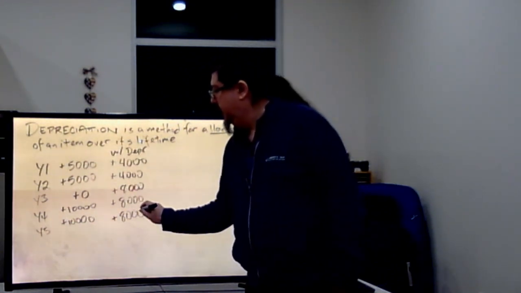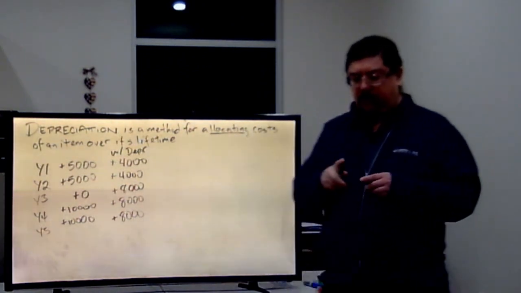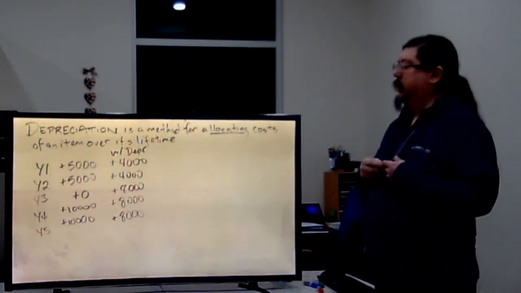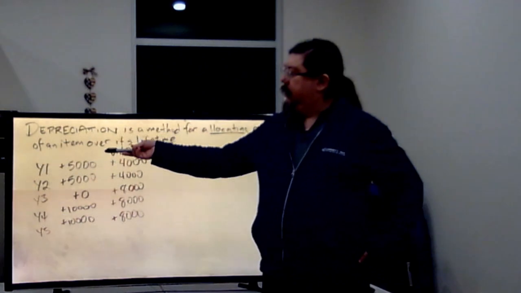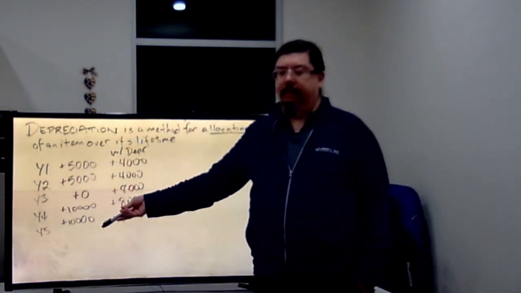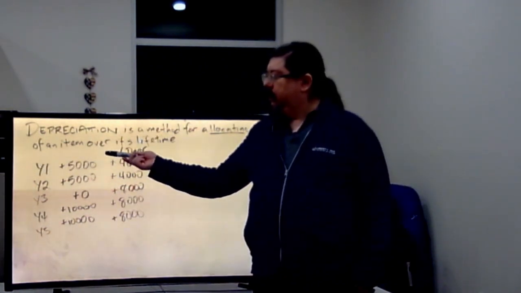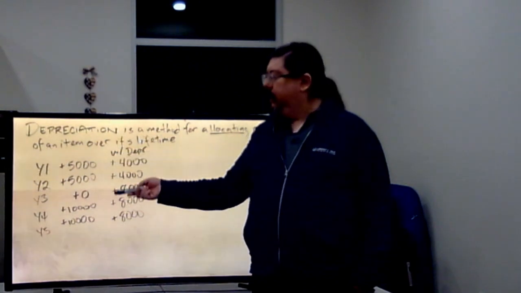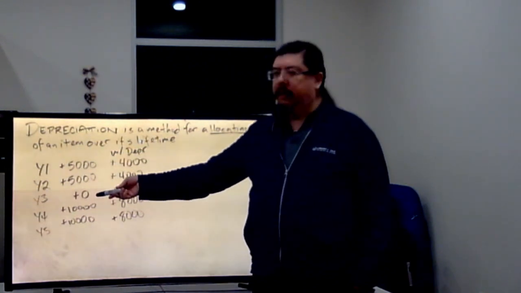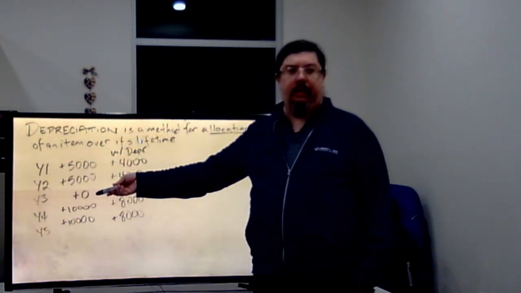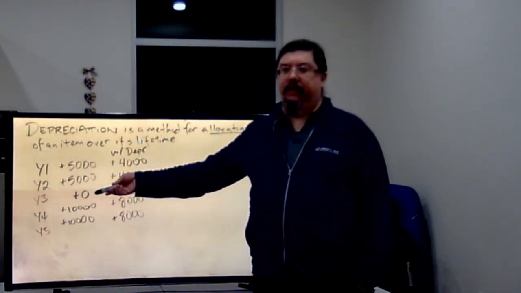And the effect of that is, if somebody looked at my books and records, maybe I was taking out a loan or something, and they saw this and said, oh, what happened in year 3? That was a really bad year for you. I said, well, no, that was actually really good. I finally saved up enough to buy this new machine.